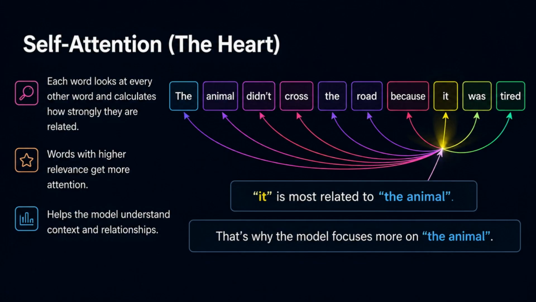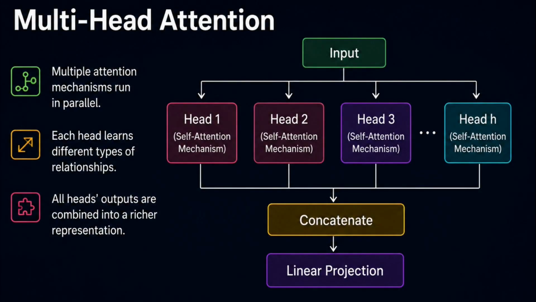So eventually the model correctly identifies that "it" refers to the animal. This ability to focus on relevant words is called self-attention. In simple words, some words in a sentence are given higher priority to understand the whole sentence. It is one of the biggest reasons why transformers outperform older models like RNNs or LSTMs.